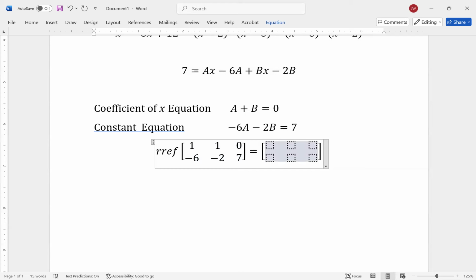Now I'm going to go ahead and find the row reduced echelon form of this matrix. Like I said, I'm using my calculator to do that. You can do it by hand as well, but the quickest way is to use your calculator. If you don't know how to use your calculator to do that, I'll have the appendix video that I'll show you how to do that with.